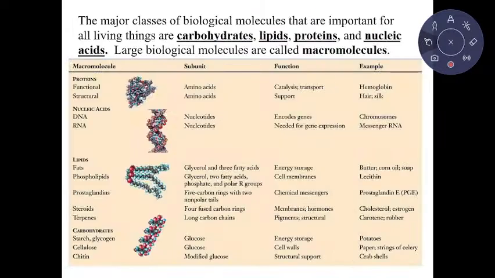Now coming to the next slide, the major classes of biological molecules that are important for all living things are carbohydrates, lipids, proteins, and nucleic acids. Large biological molecules are called macromolecules, as we have all seen. Macro means large biological molecules like proteins, nucleic acids, lipids, and carbohydrates.